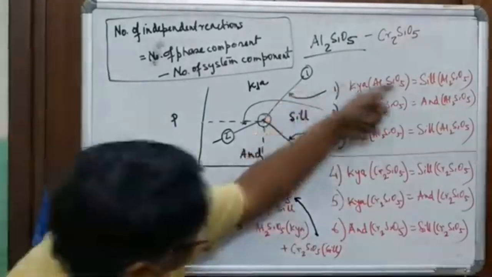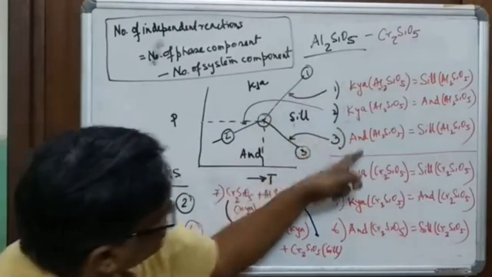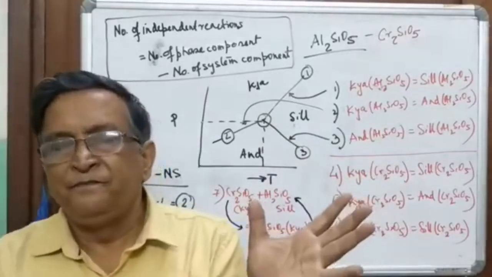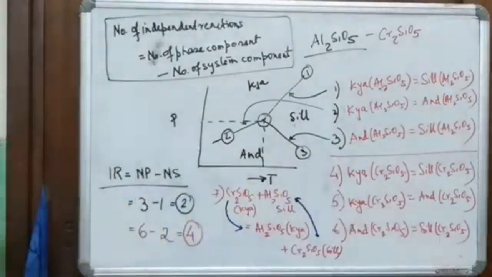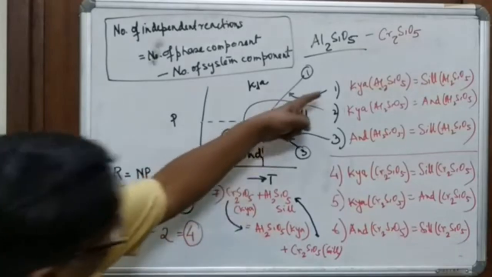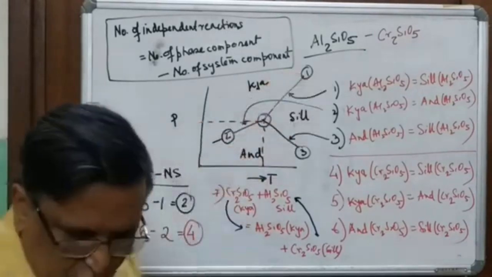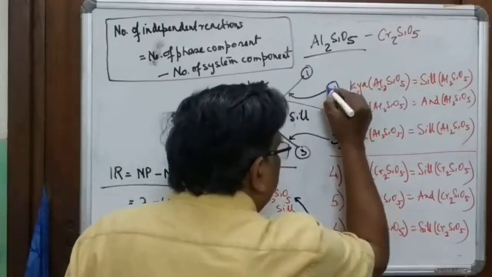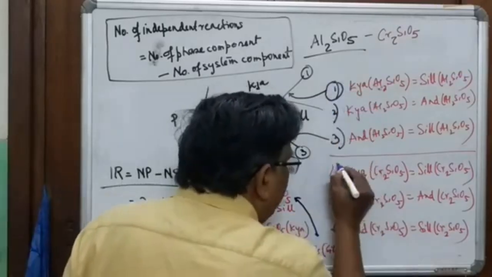So you can write innumerable reactions, but all of them are not independent. They're dependent variables. You can see here. Look at 7. What is it? As written, it is related to 1 and 4.